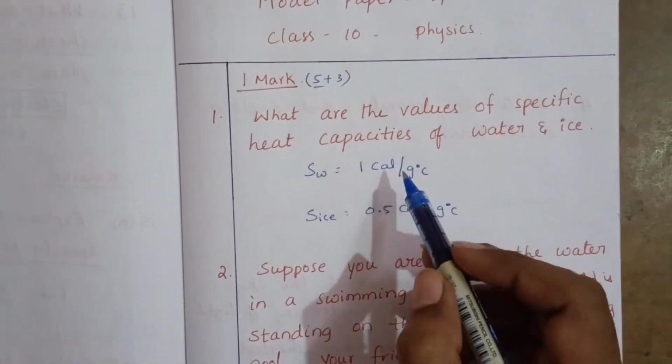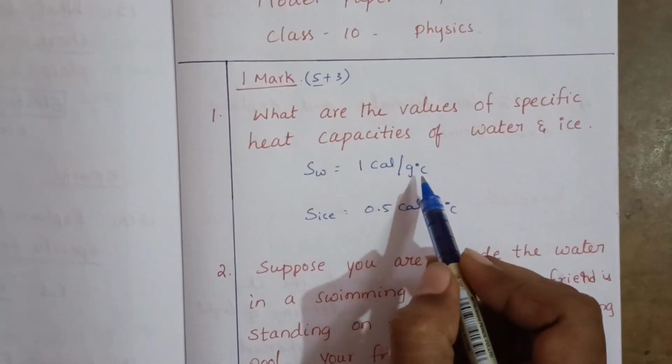Sometimes they will ask, what does it mean by 1 calorie per gram degree Celsius?